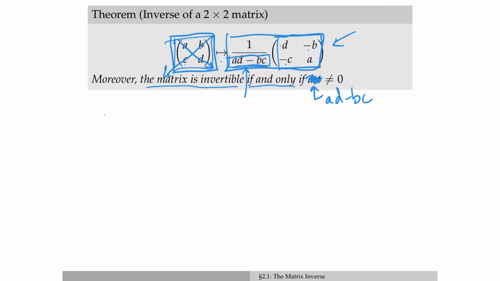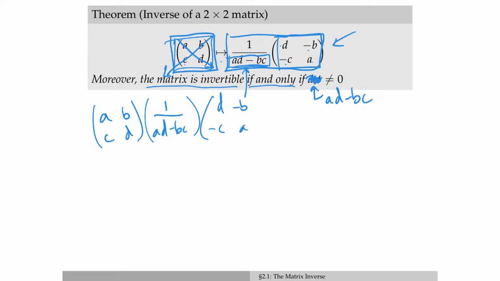Let's actually see that it works. So we have ABCD times 1 over AD minus BC times D, negative B, negative C, and A. Now scalars, they can fly out front. So all I need to do really is multiply those two matrices.